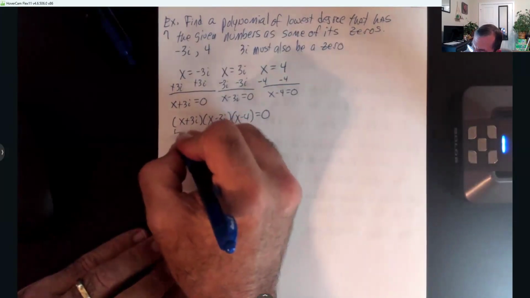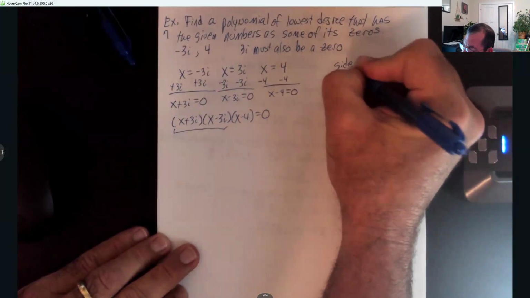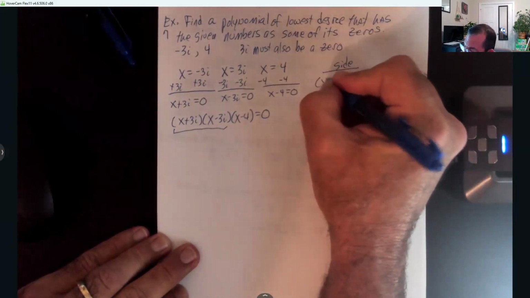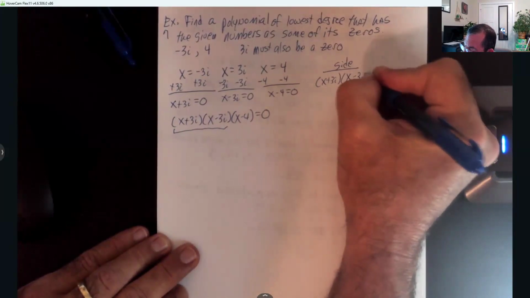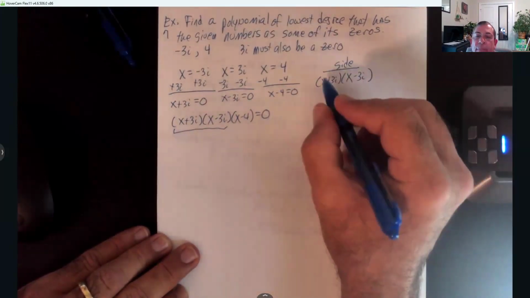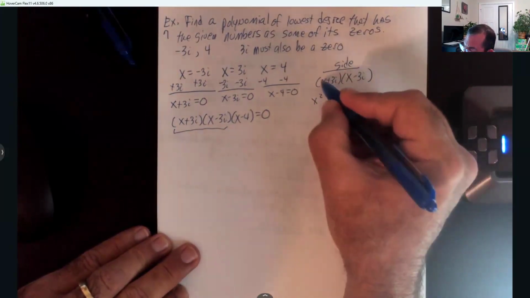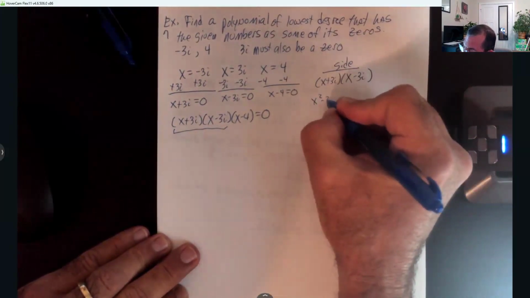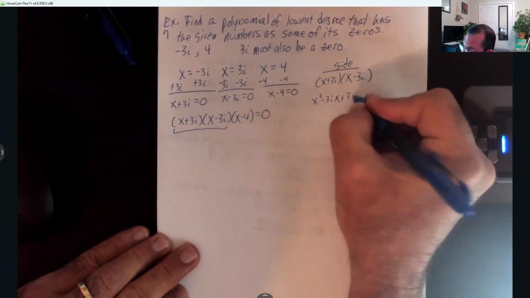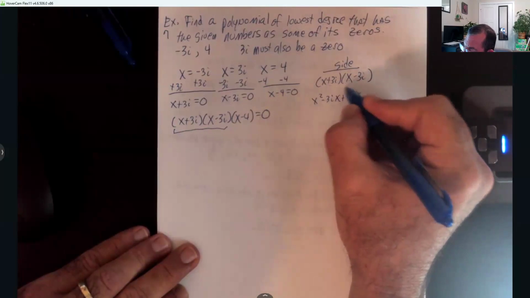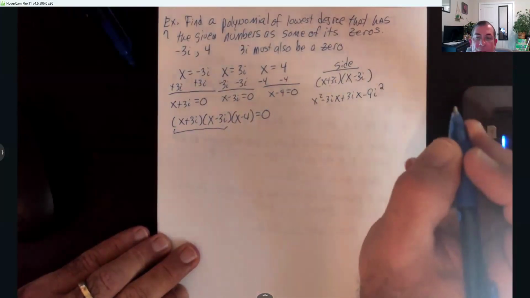And y'all, guess what? I'm going to start by foiling the first two. So on the side, I'm going to do x plus 3i times x minus 3i. So that'll give me an x squared minus 3ix plus 3ix, and then minus 9i squared.